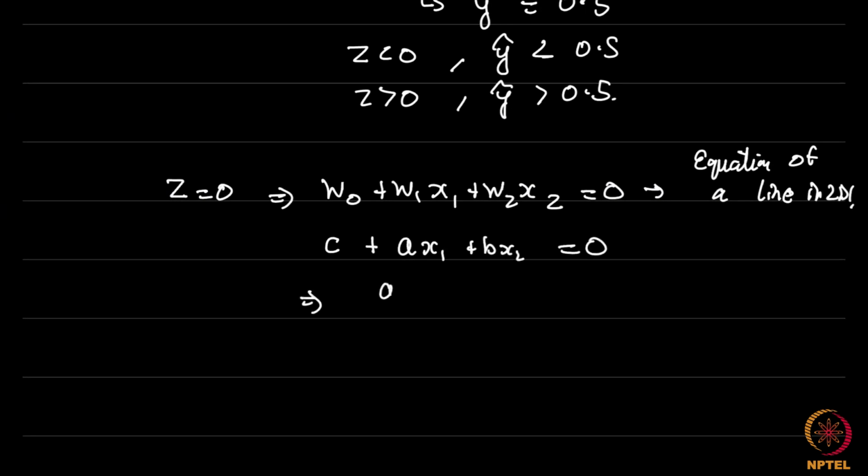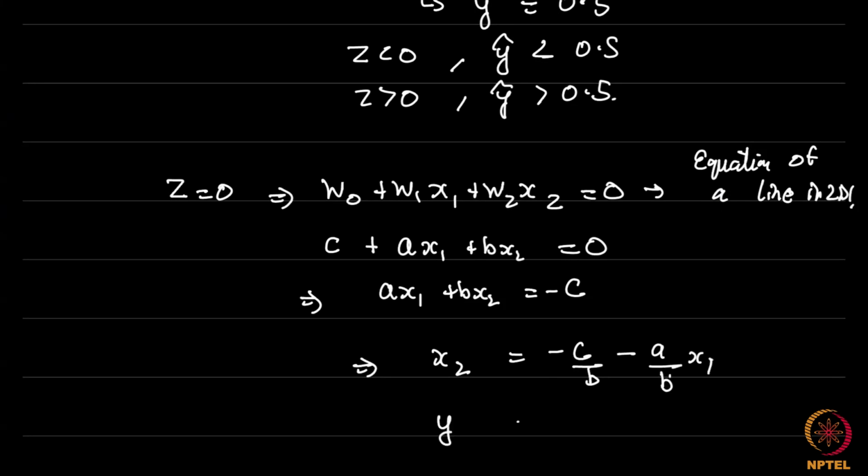Or I call this A x1 plus B x2 equal to C or minus C. Or I call this x2 equal to minus C by B plus or minus A by B x1, which is the same as saying y equal to mx plus some other constant C. So this is a line.